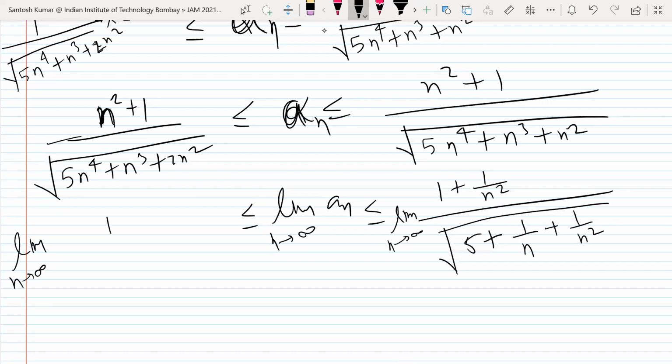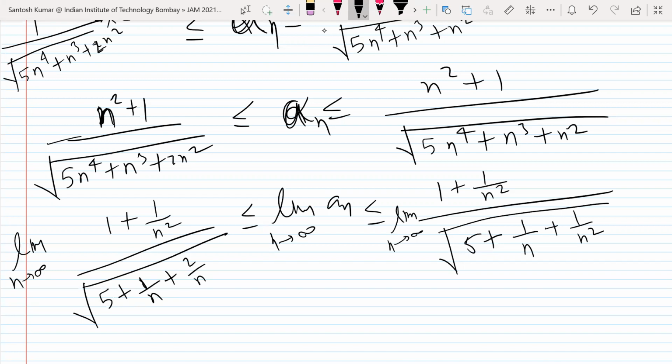So it will be 1 + 1/n^2 in the numerator, and n^2 will go under the square root and become n^4, so 5 + 1/n + 1/n^2. The same thing I will do on the left side also: 1 + 1/n^2, and under the root, 5 + 1/n + 2/n^2.